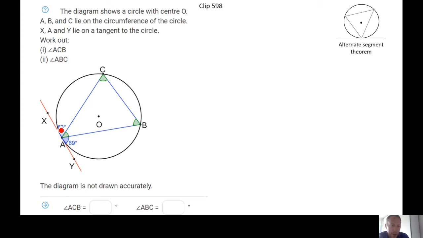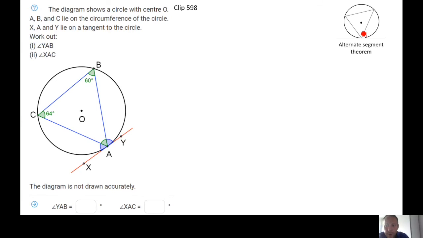So first of all, let's use what we know about the alternate segment theorem. So we know that this angle here and this angle here are the same. So those two are the same as each other. And then we know that this one and this one are the same as each other.